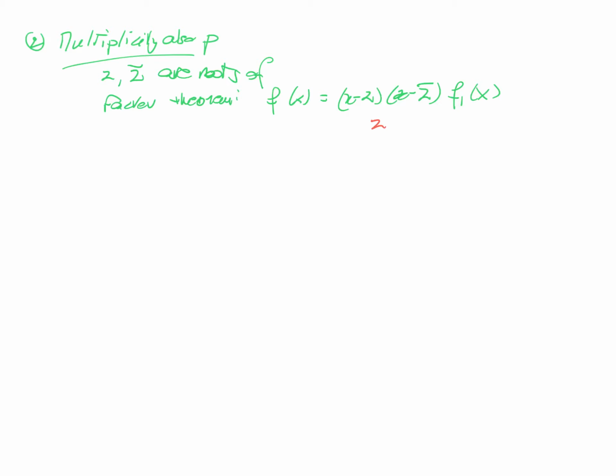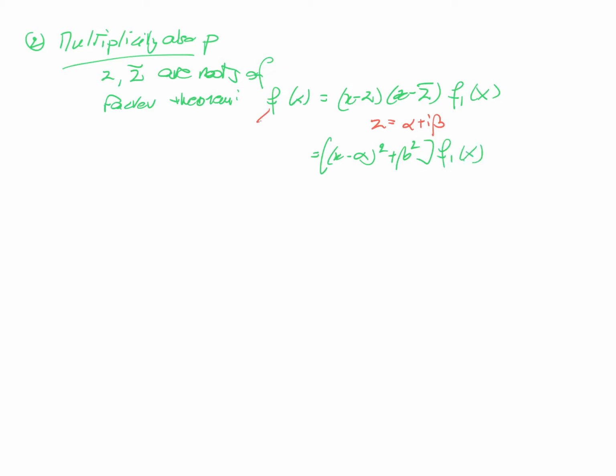If we write z equal to alpha plus i beta, so z is a complex number, then we saw that (x minus z) times (x minus z conjugate) is just (x minus alpha) squared plus beta squared, times f1 of x.